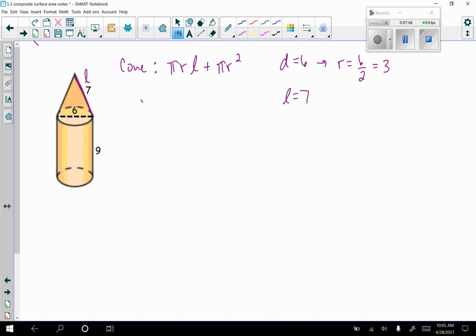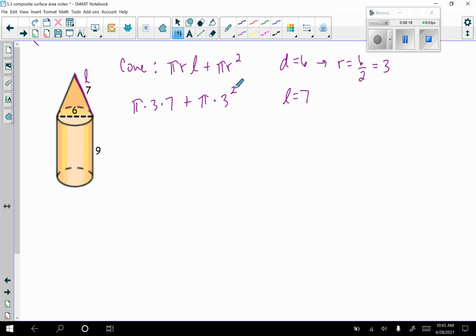So now we'll just plug in pi times 3 times 7 plus pi times 3 squared. And we're going to type this in. Now, if you are using an iPhone calculator, it's going to be a little bit difficult. So I would really recommend using the Desmos Scientific one or that TI calculator that we've sent you information on before. So pi times, and I'm going to use parentheses.